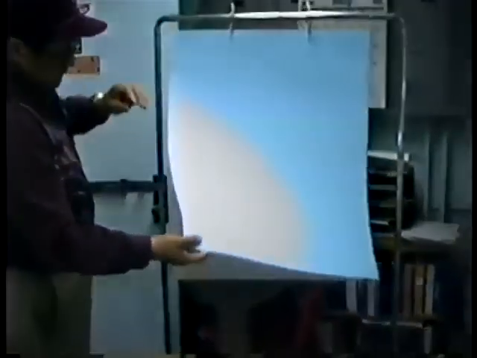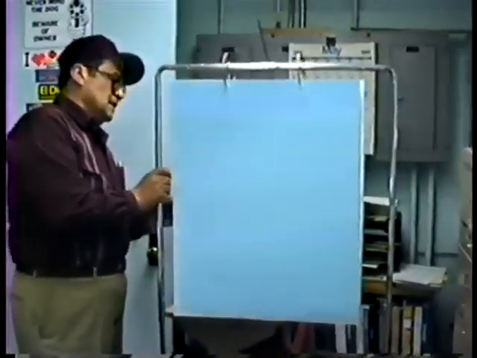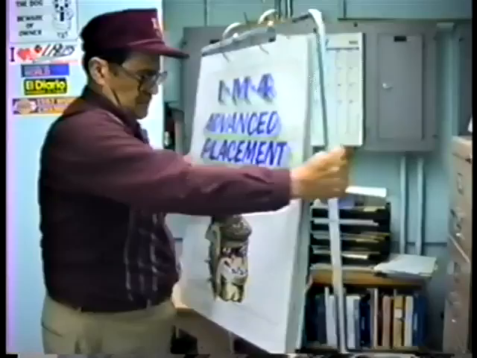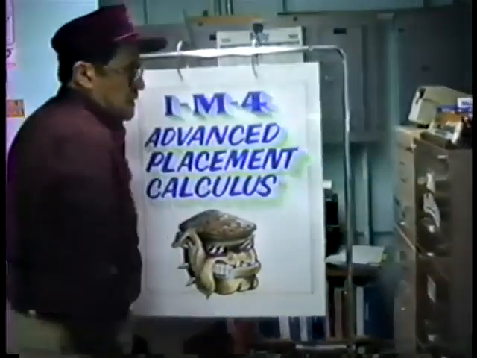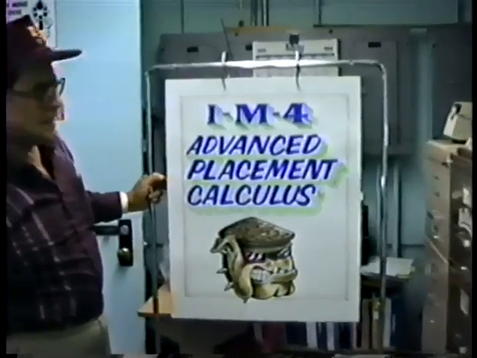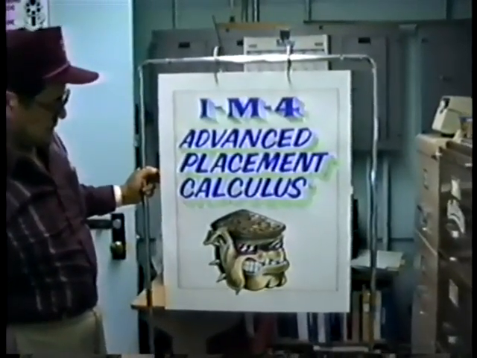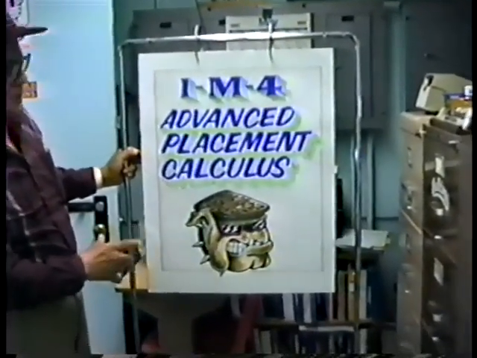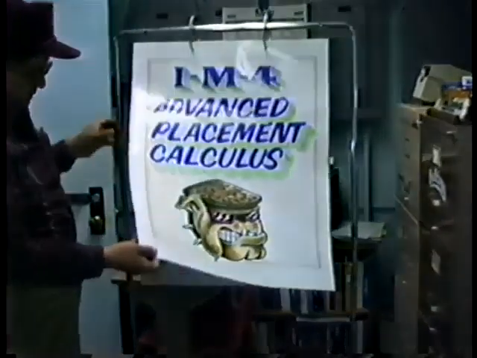So then I use the posters. And the first thing is, when the kids walk into the room, they see on the first day the symbol we're going to be using for the advanced placement calculus.